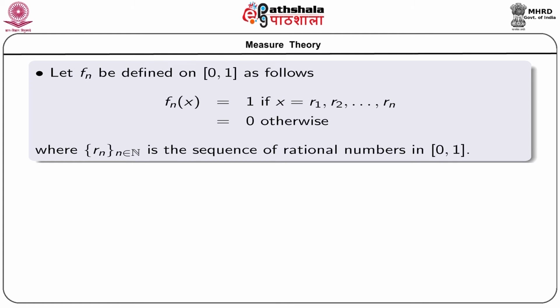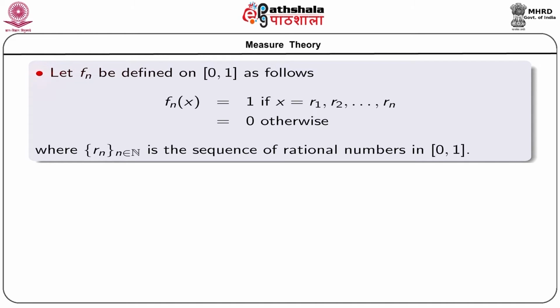Again, we go back to the convergence theorems. We again recall one example which was given earlier, but we will look at the example from another viewpoint. Let F n be defined on closed 0 1 as follows.